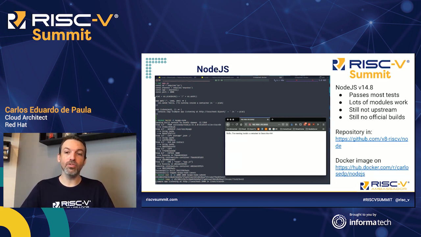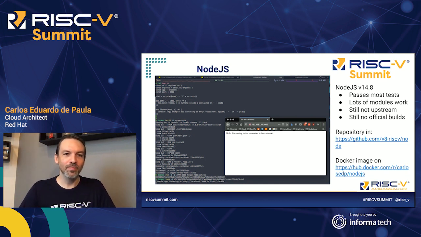You can check the v8 RISC-V /node repository on GitHub, and I also built a container image you can run in your own QEMU or Unleashed board using Docker or Podman. So if you want to play with Node.js on RISC-V, you can get the image at Docker Hub, that's carlosedp/nodejs.